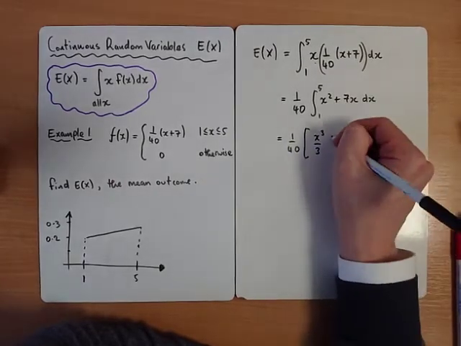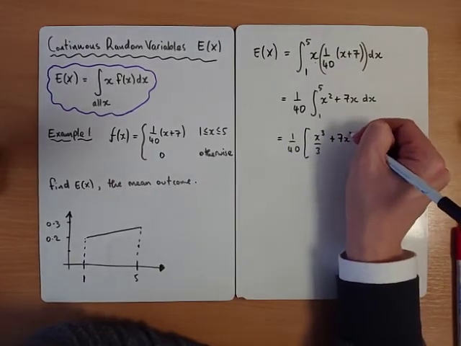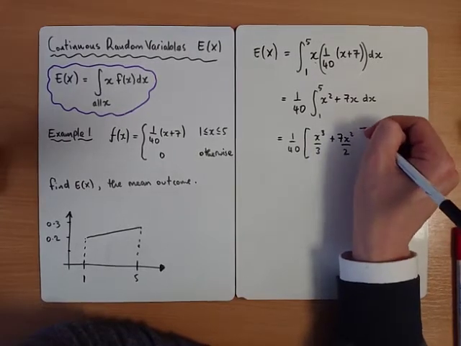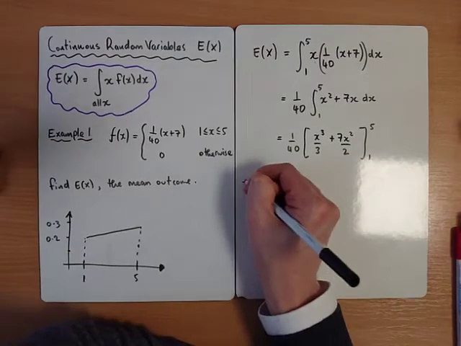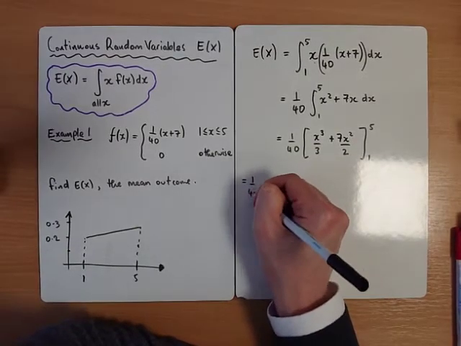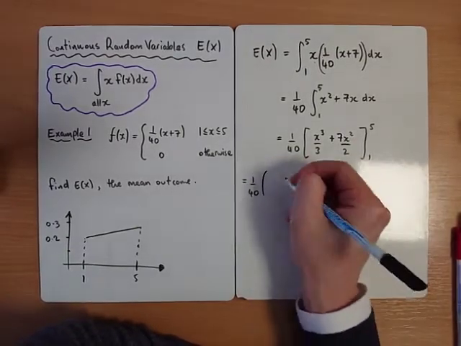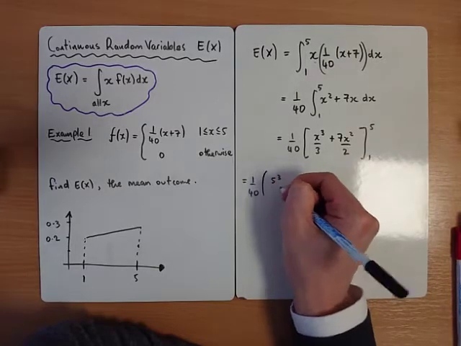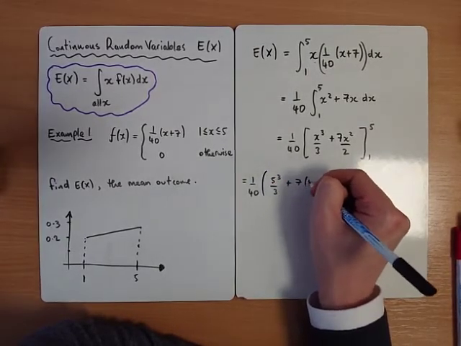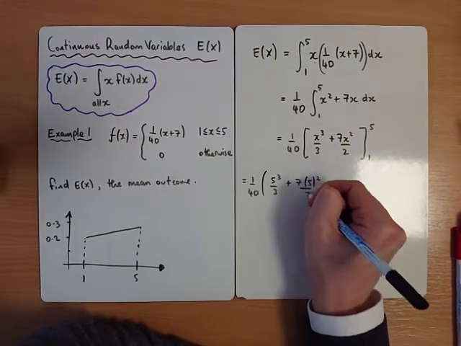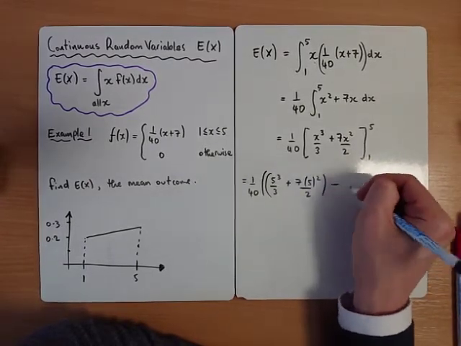Divide by the new power. And then sub your limits in. Don't forget your negative with the bracket.